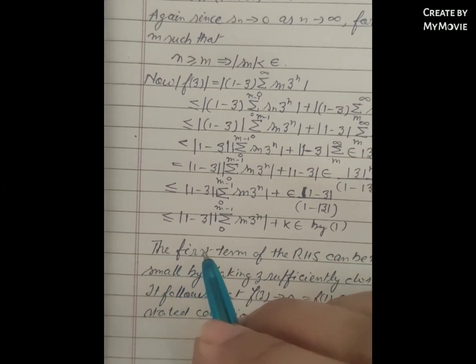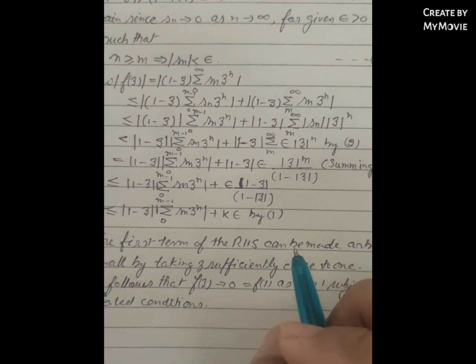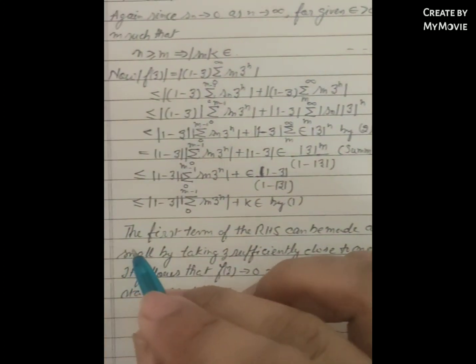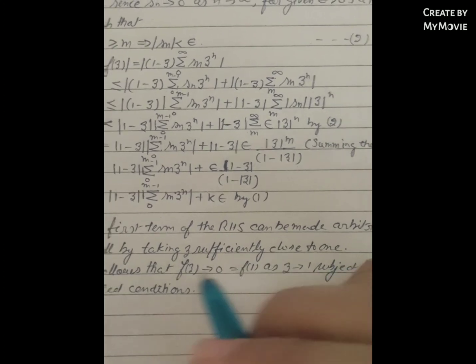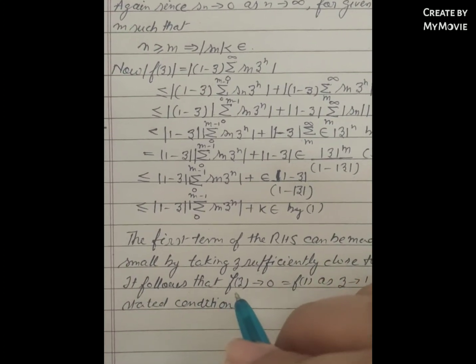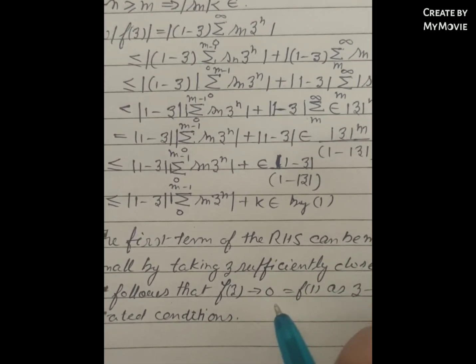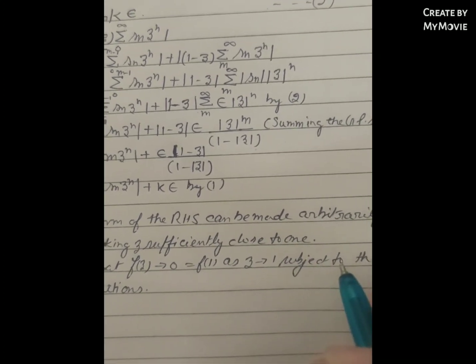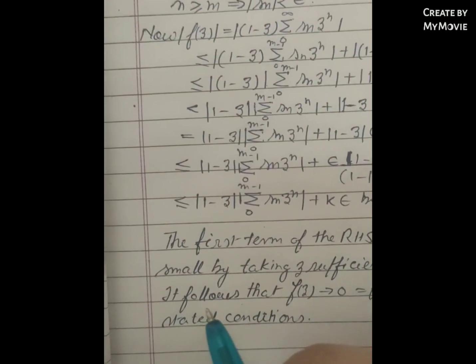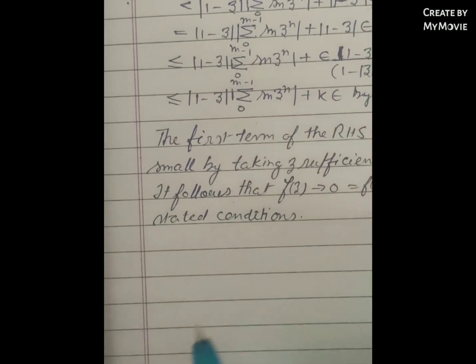So the first term of the right hand side can be made arbitrarily small by taking z sufficiently close to 1. It follows that f(z) tends to 0, which equals f(1), as z tends to 1 subject to the stated conditions.